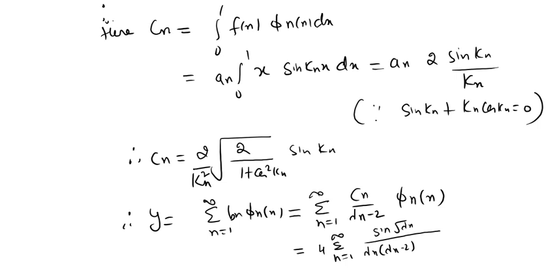So lambda n minus 2, then square root of 1 plus cos square lambda n, multiplied by sine under root lambda n x. So this is the solution of the given non-homogeneous problem.